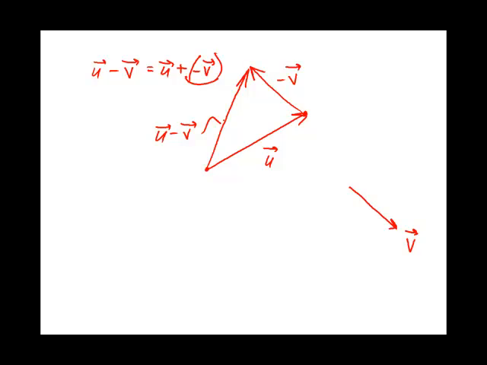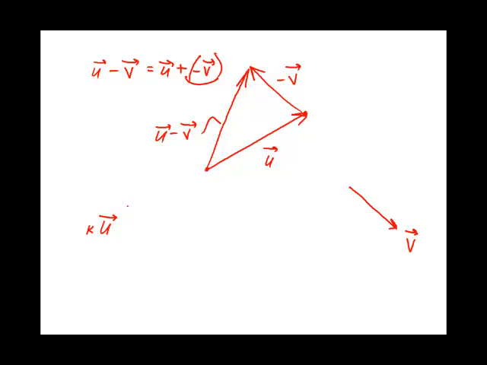Now, we can also multiply any vector by a number. Let's see what is vector k u, where k is a number.